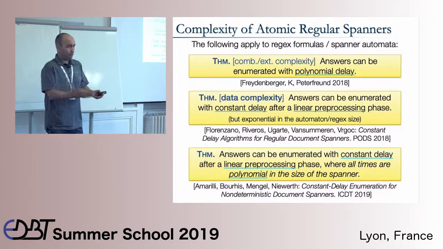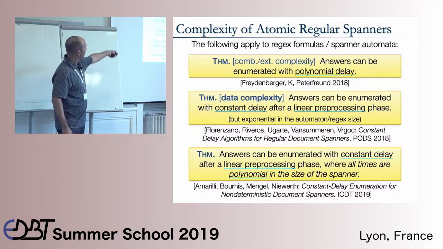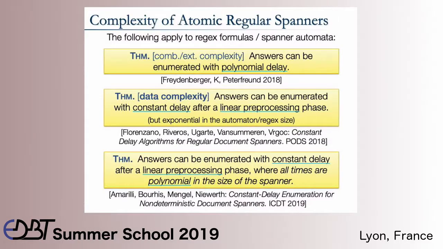Showing, well, they gave one algorithm that enumerates with the same complexity here, linear preprocessing and constant delay, but now all of the times are actually polynomial in the size of the automaton of the query, which means that the same algorithm is both polynomial delay in combined complexity and constant delay in data complexity.